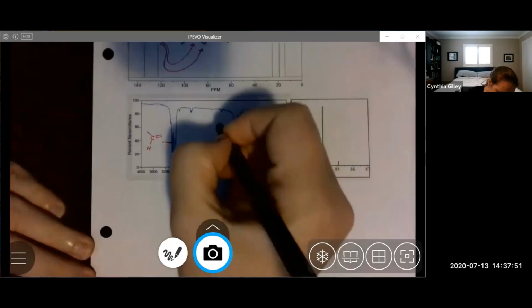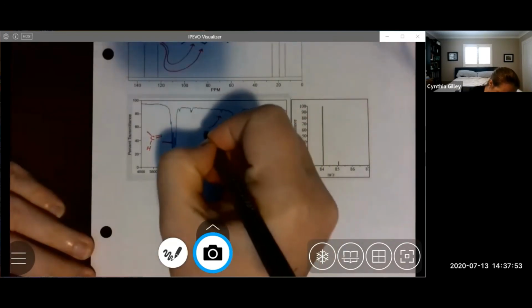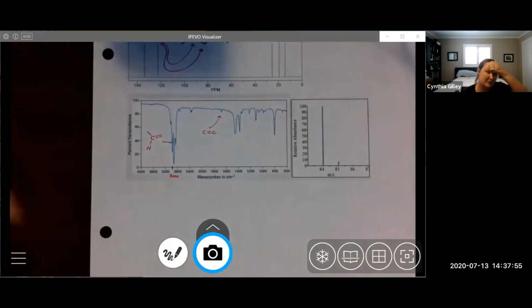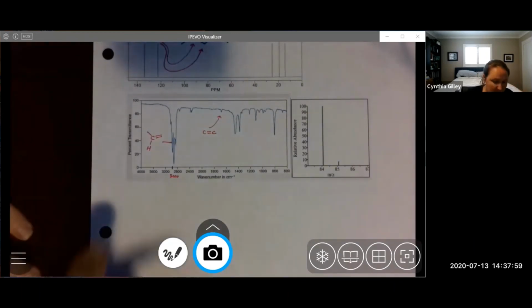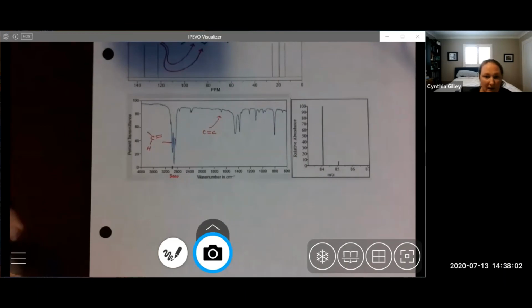And this is probably the carbon-carbon double bond, which is very small and you cannot see it. It's not my favorite IR, but it's that.